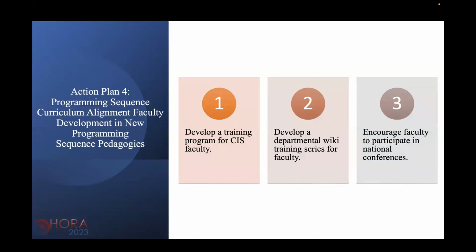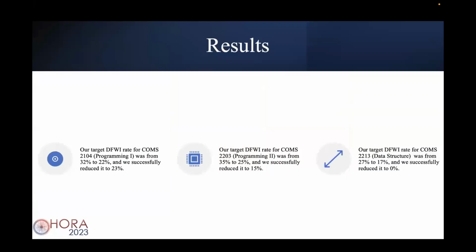So that was our action plan, and then we got our results in last fall 2022. Our target was to reduce our DFW rate by 10% each year. For Programming 1, our DFW rate was 32%. We had a target to make it 22%, and we successfully reduced it to 23%.